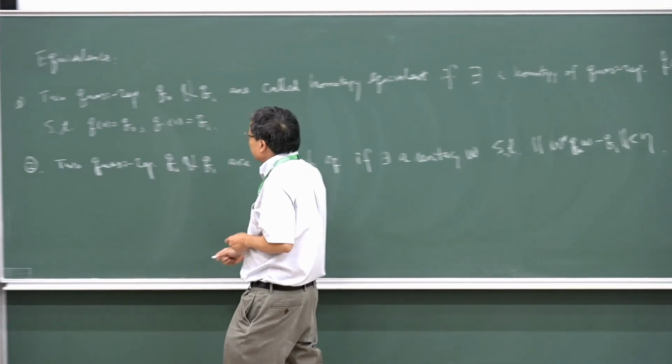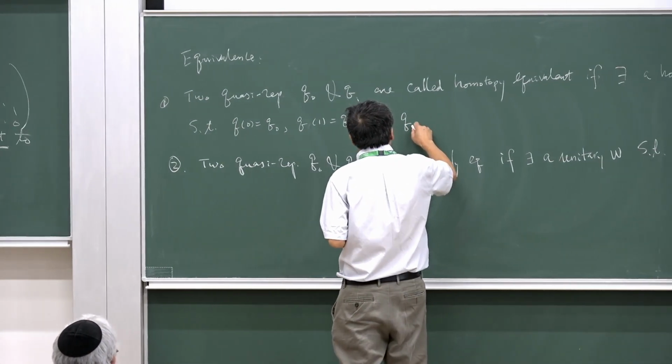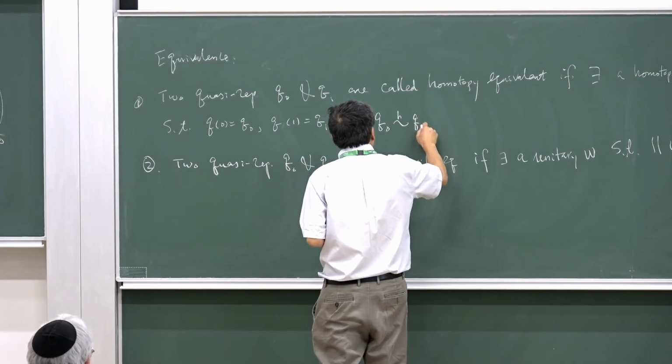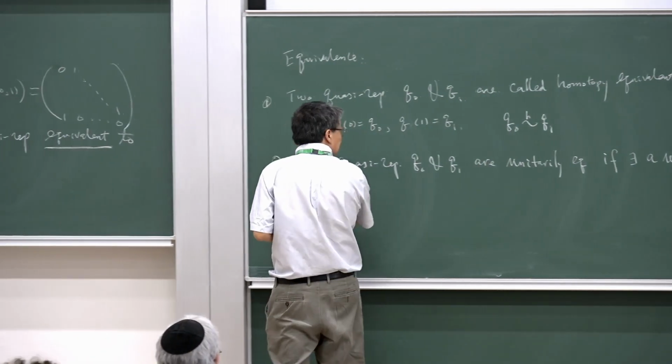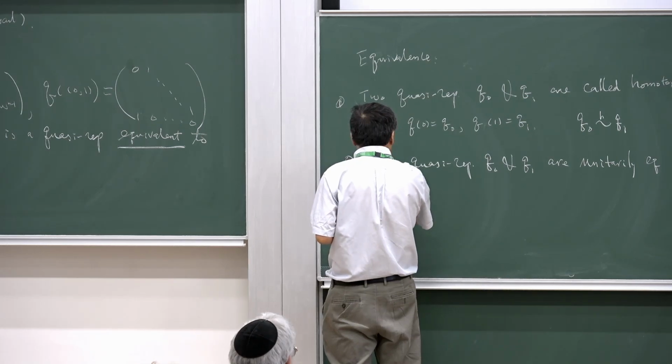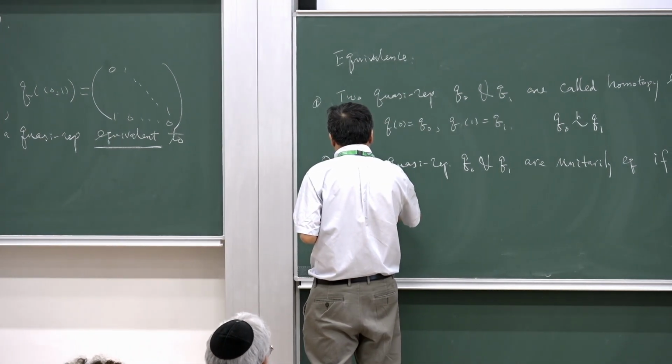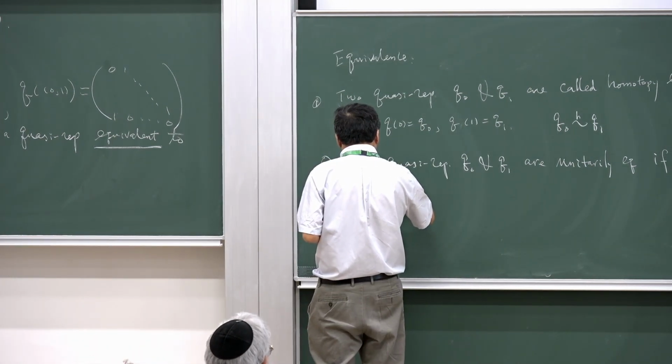So here we use the notation that Q0 is homotopy equivalent to Q1. And here I use the notation that Q0 is unitarily equivalent to Q1, but up to a small error, eta.